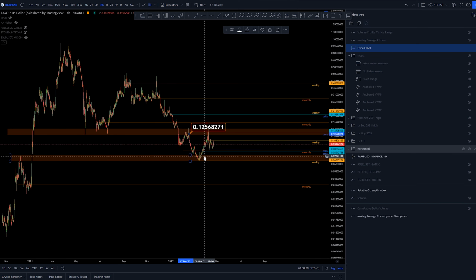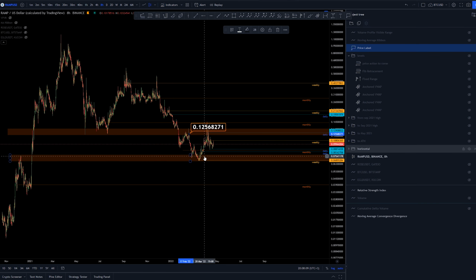Now, that being said, let's check out how much this actually retraced. From the all-time lows here to all-time highs, we would be expecting around the golden pocket or 0.5 retracement. And wow, that is just perfect. Right to the golden pocket and jump up.